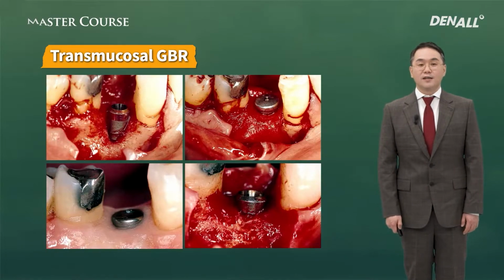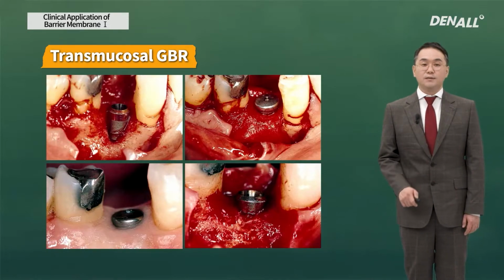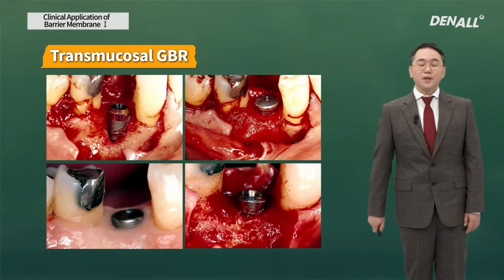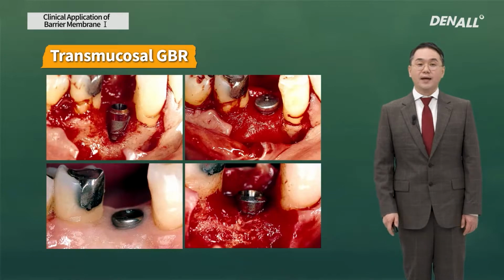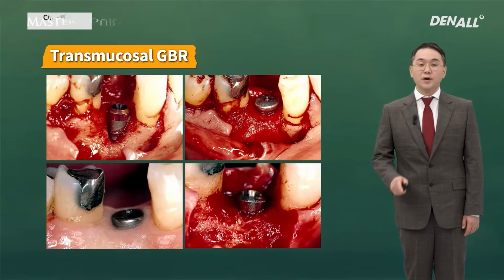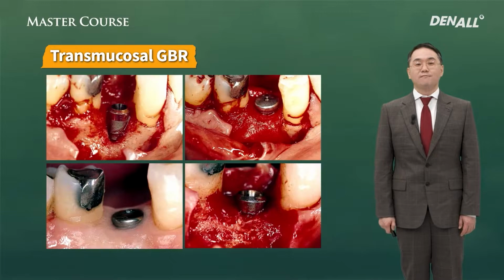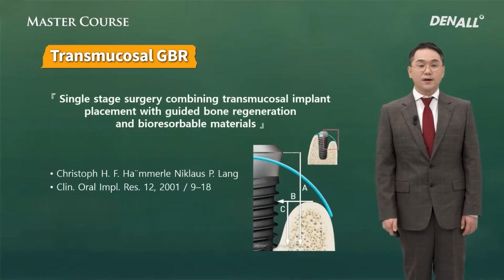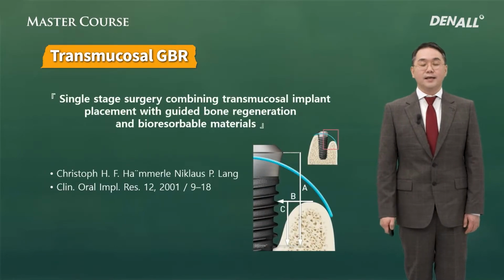So the collagen membrane is trimmed around the transmucosal part, and below it, the bone graft is put in. The primary closure was done on the transmucosal part. And very good bone regeneration was reported by Nicolaus Lang in 2001.